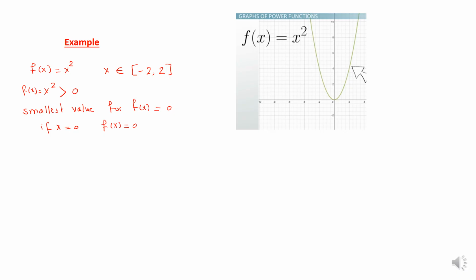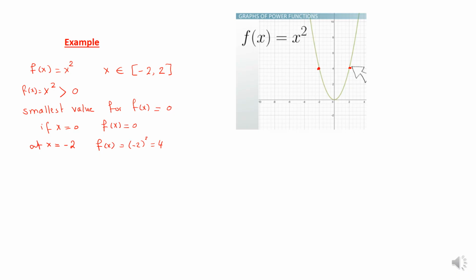Now, look at the curve, the function between -2 and 2. It is decreasing from -2 to 0, so the highest value f can take there is at x equals -2, which is f of -2 equals -2 squared, equals 4.